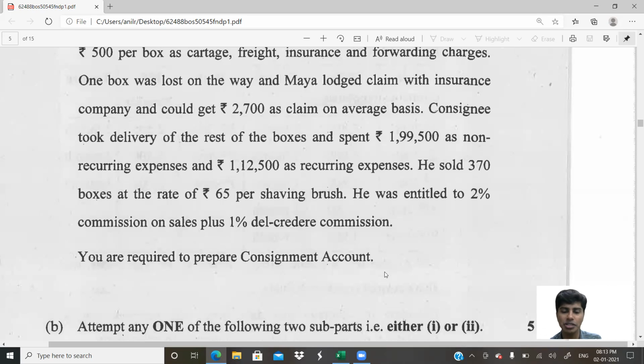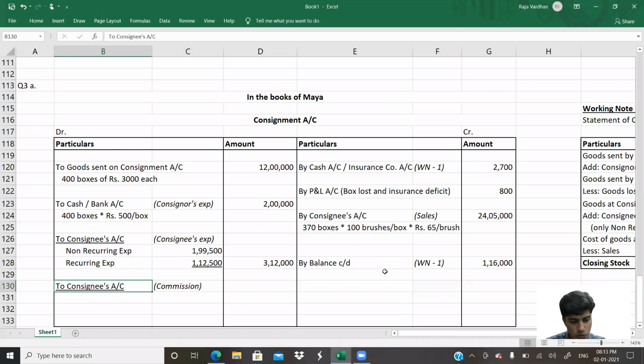So totally how much is the commission? 2% plus 1%, 3% on sales. Sales is how much? Sales is 24 lakh 5,000 multiplied by 2% plus 1%.